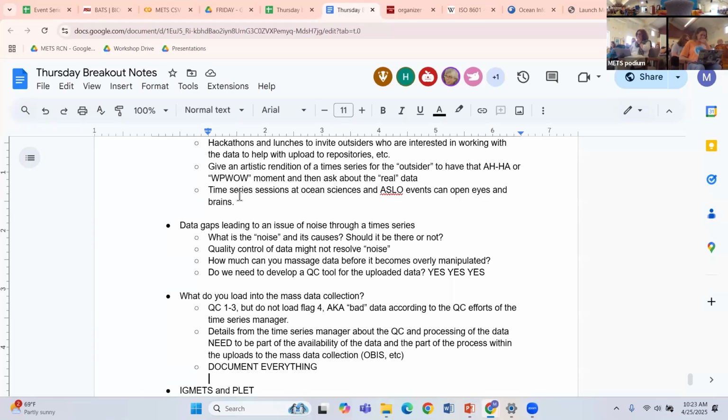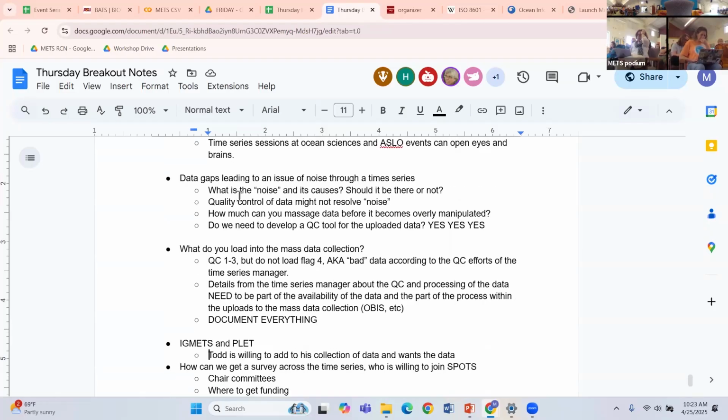And do we need to develop a QC tool? Yes. DGC Argo has a great example of, you've got raw data, you've got one filter, and then a second filter. And it starts to look great, but you've got to use those QC tools, but not overly use them.